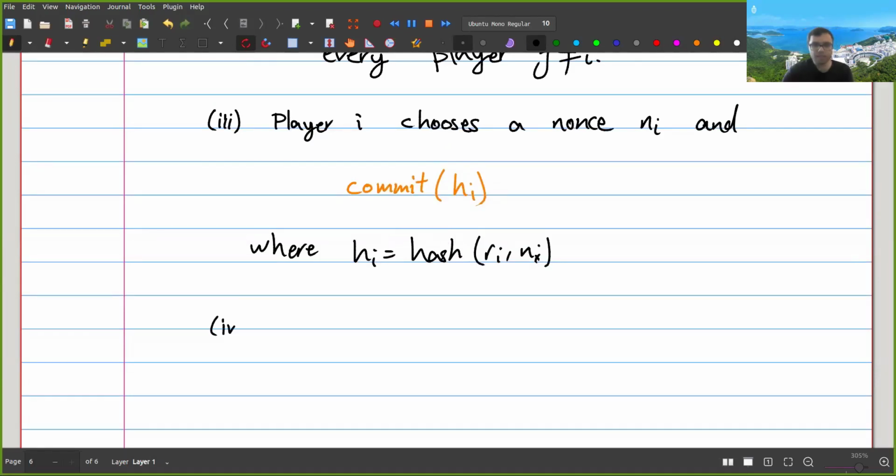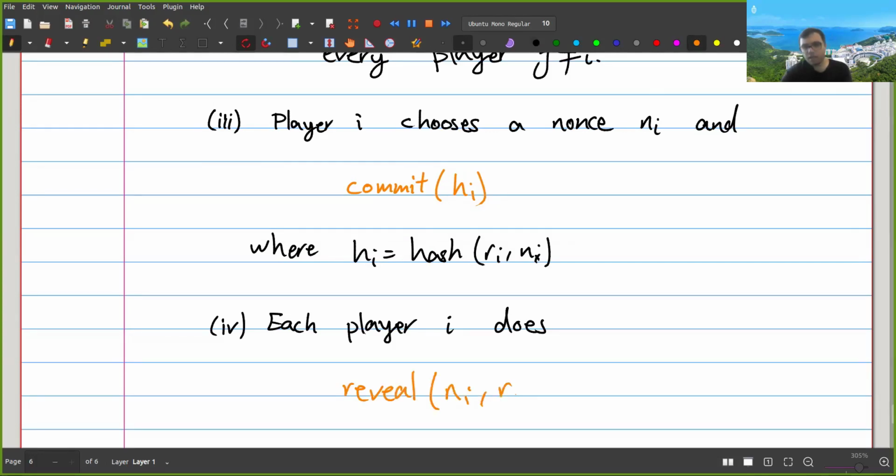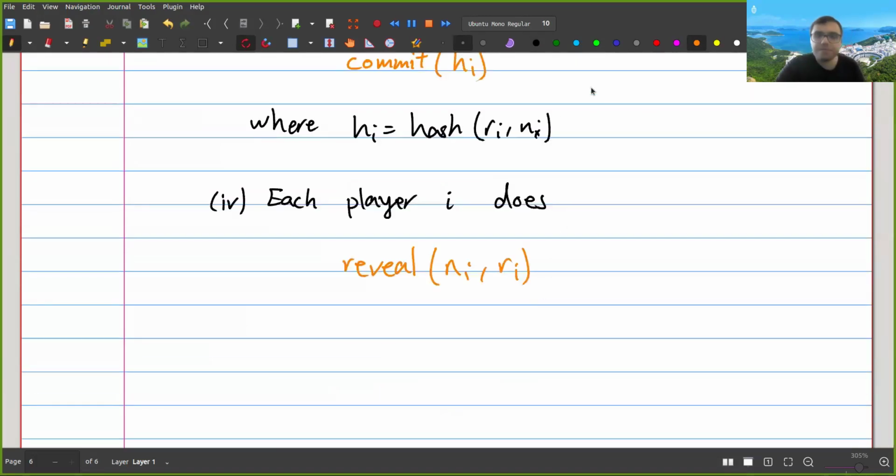And then in step 4, they reveal. So each player i does this function call in the smart contract that reveals Ni and Ri. And of course, the smart contract checks that the hash matches.